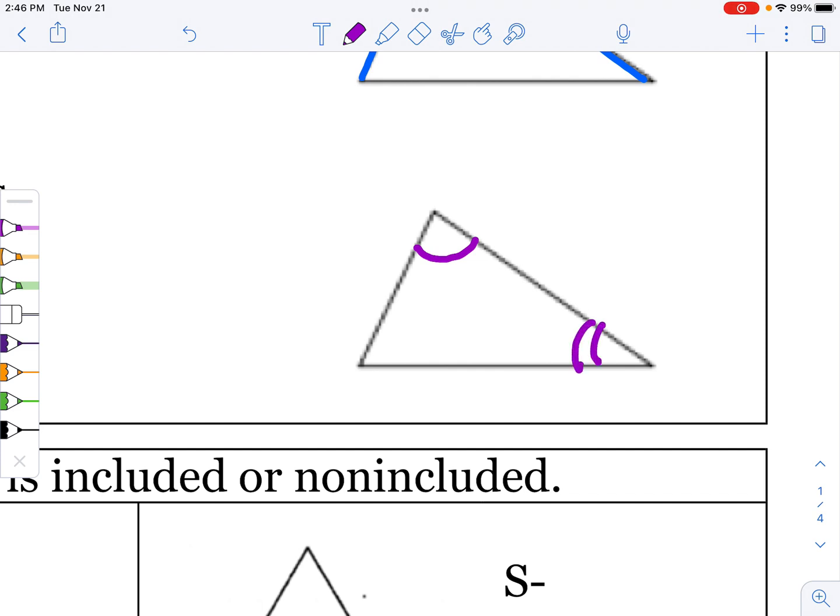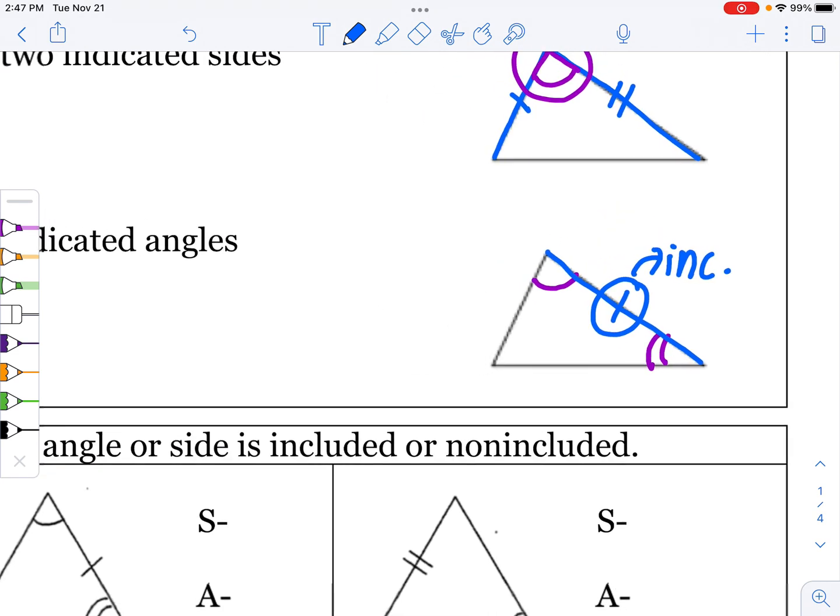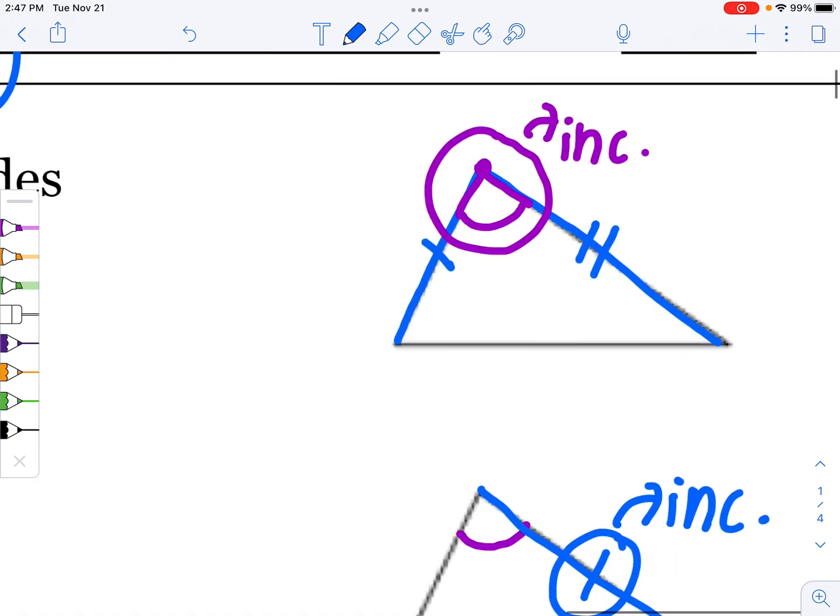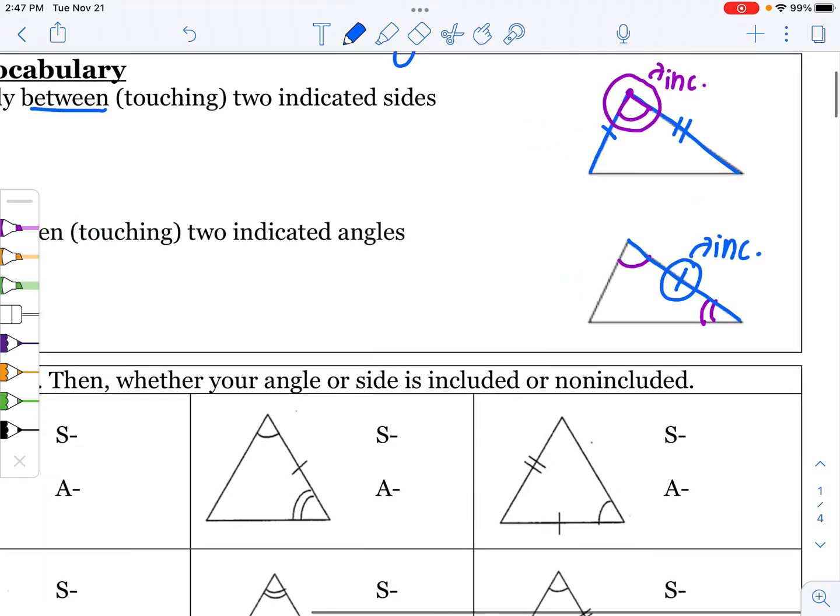They look like some arc symbols. The side that would be included between these 2 angles is the one that is touching both angles. So this side would be included because it is between those 2 angles. It makes an ASA sandwich, and this one makes an SAS sandwich: side, angle, side, and angle, side, angle.